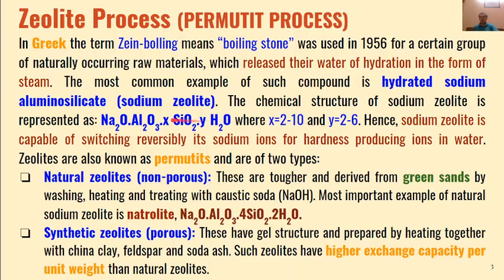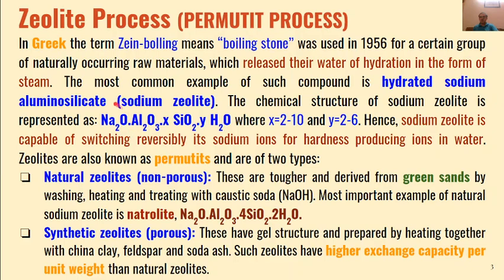Now, what does this sodium zeolite do to hard water? We know that hard water has calcium ions and magnesium ions. Those calcium and magnesium ions can be reversibly exchanged with these sodium ions.